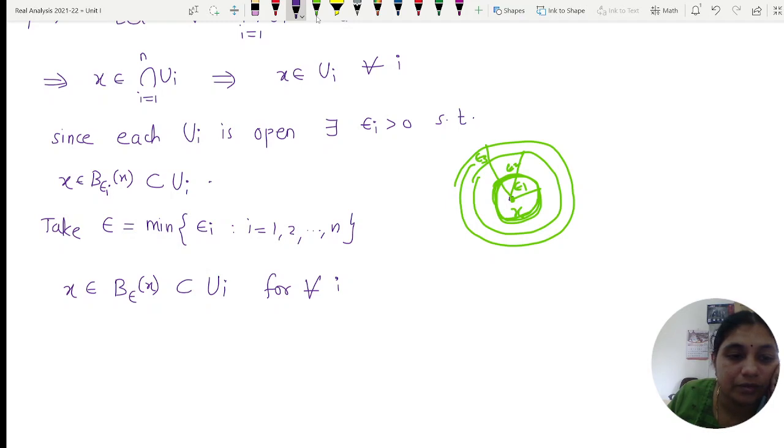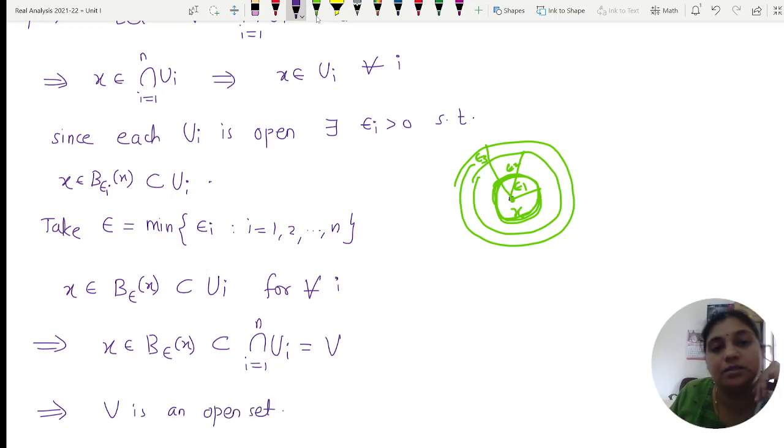So this implies x belongs to B epsilon of x, which is contained in the intersection over i equal to 1 to n of Ui. That is nothing but my V. So this implies V is an open set. Is that okay? So a finite intersection of open sets is open.